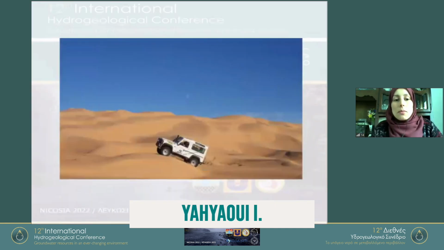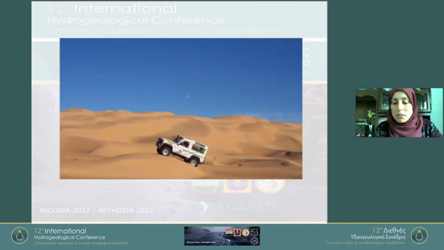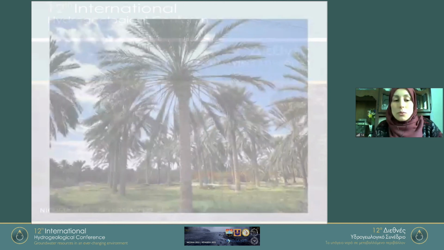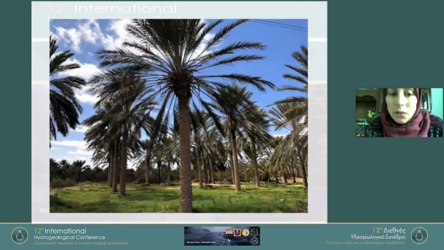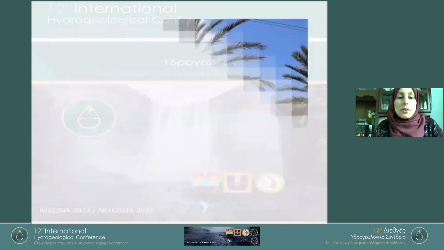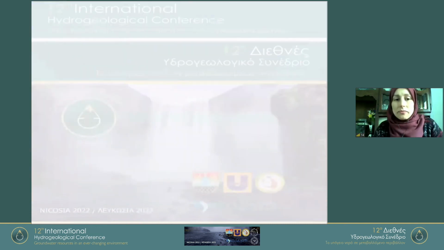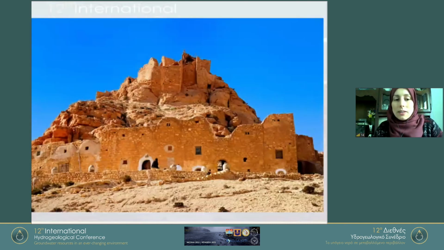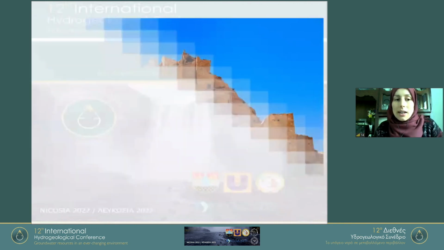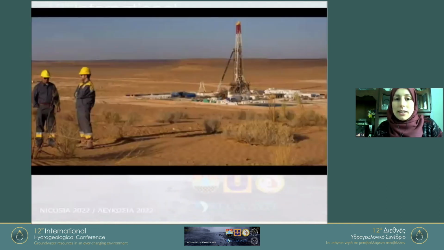The most common thinking about the Sahara Desert is that there is just sand, maybe for rally. In fact, the groundwater is being used in agriculture. You can see in this picture how the farmers use the old method of irrigation since Roman settlements, and now it is used by the oil industry.